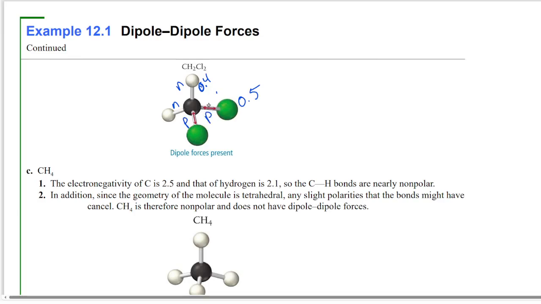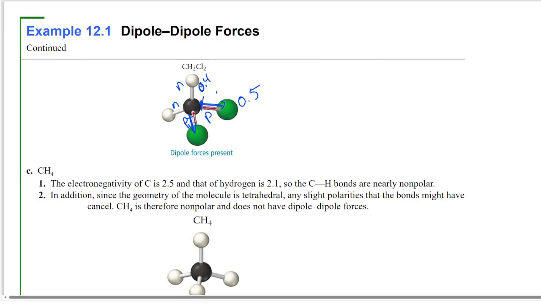So these are polar bonds, and the chlorine is withdrawing electron density from the carbon. And we can draw a vector demonstrating that the electron density is going in that direction. So remember, these molecules are three-dimensional.